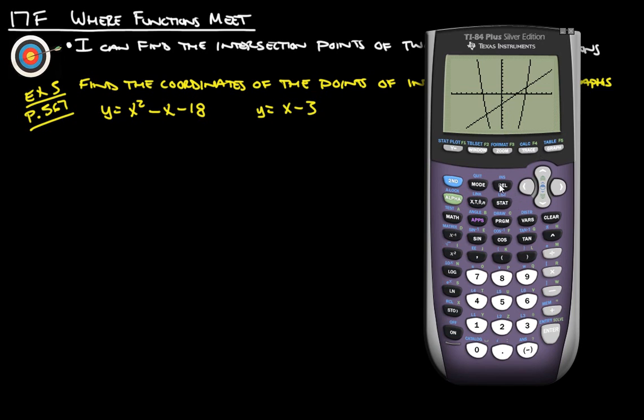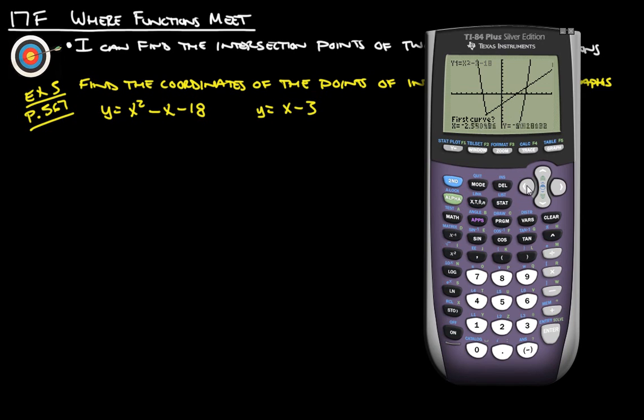Okay, so we need to find these 2 points of intersection. Just like we've been doing before, we go into 2nd Trace, which is Calculate, and we find the intersection points. So we push Intersect, and again it's asking us for the first curve. It looks like it's somewhere down here at the bottom.